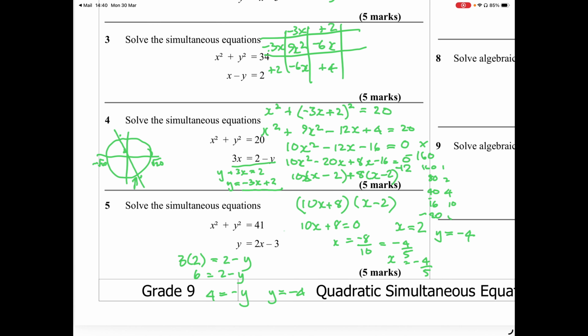So 3 times minus 4 fifths, which is minus 12 over 5, equals 2 minus y. Let's make 2 into 10 over 5 and take that off both sides, so minus 22 over 5, which is about 4 and something, equals minus y, so y equals 22 over 5. So that's that point there, which is a big y and a small x. Anyway, that's how you do slightly more complicated simultaneous equations.